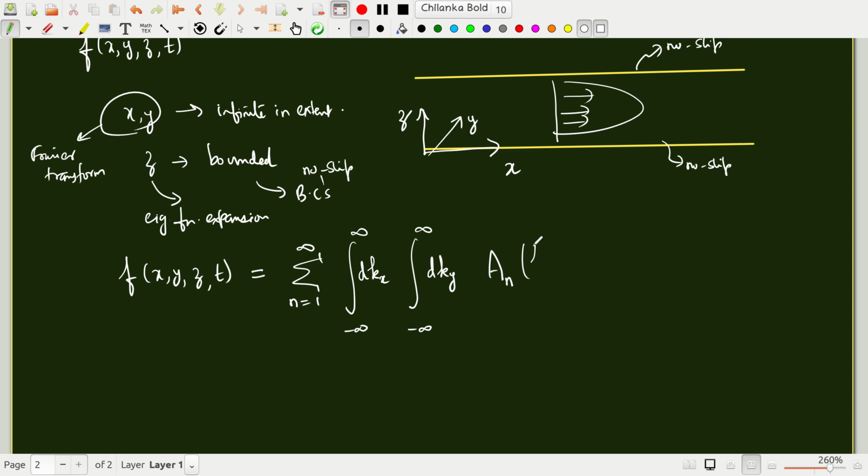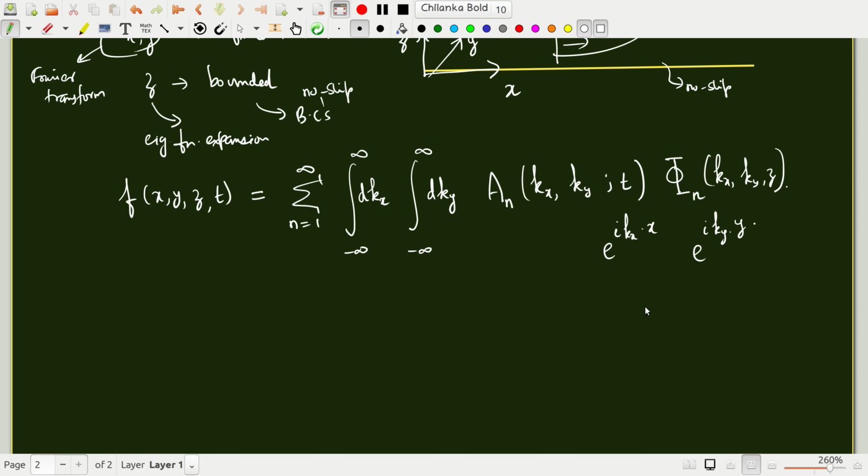So these constants will be functions of kx, ky, time, and you will have eigenfunctions Vn of kx, ky, z times e to the i kx x, e to the i ky y. Okay, this is the most general form of the expansion of any arbitrary disturbance for this domain, wherein you have two infinite directions and one finite or bounded domain, which is the z direction.